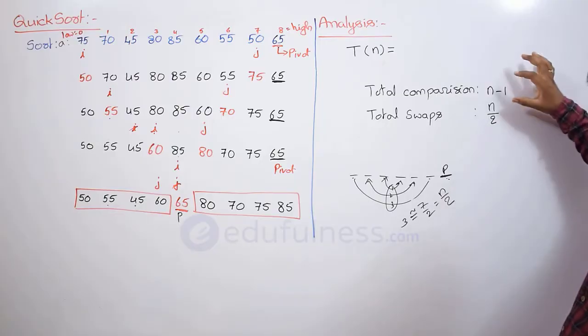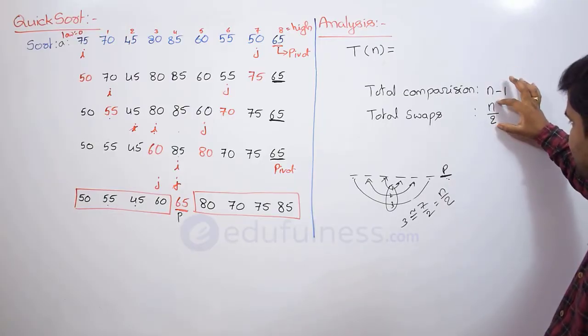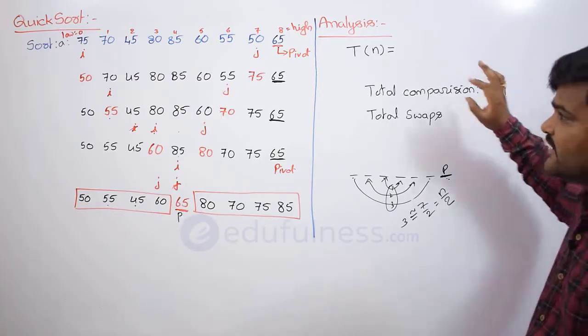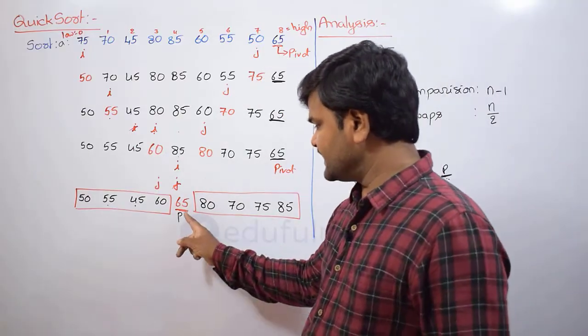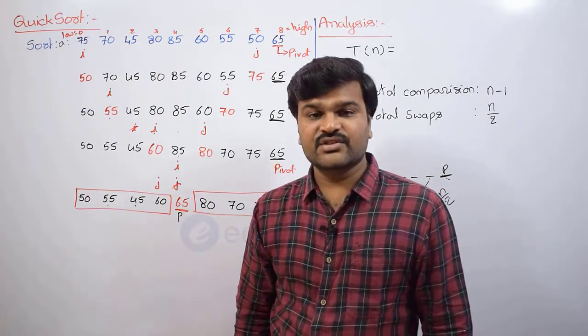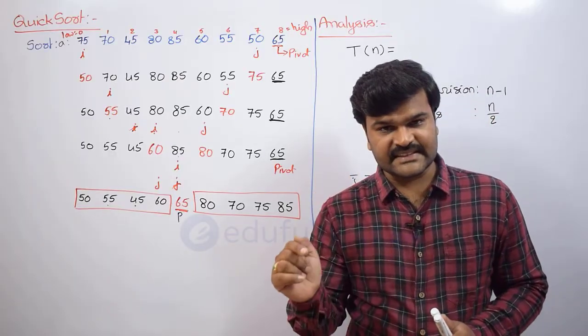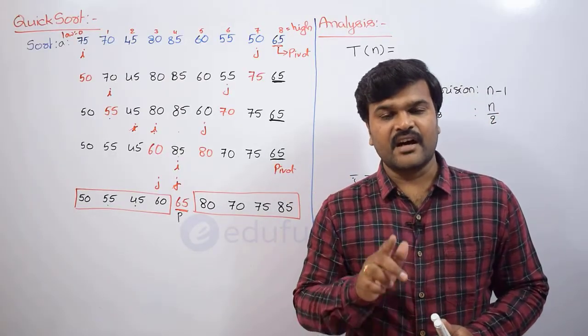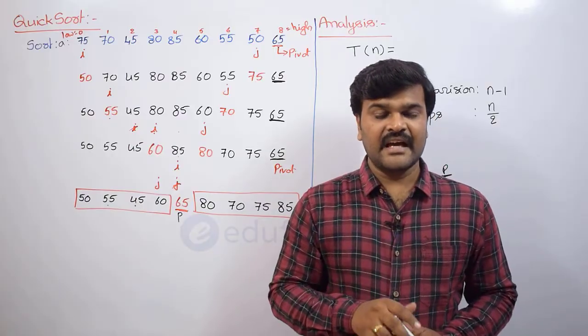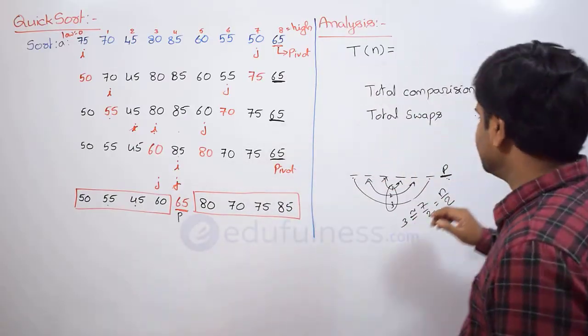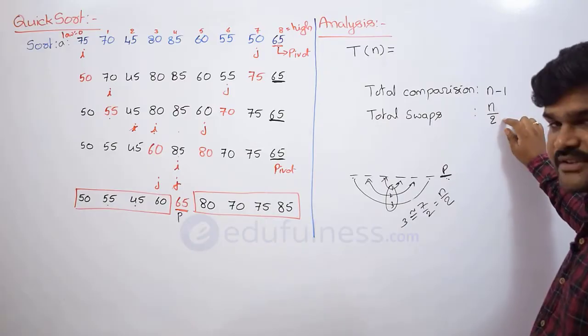So after doing n minus 1 comparisons and n by 2 swaps, you are able to place the pivot element in its proper position. So for placing a pivot element in its correct position in ascending order, how much time does it take? n minus 1 plus n by 2.